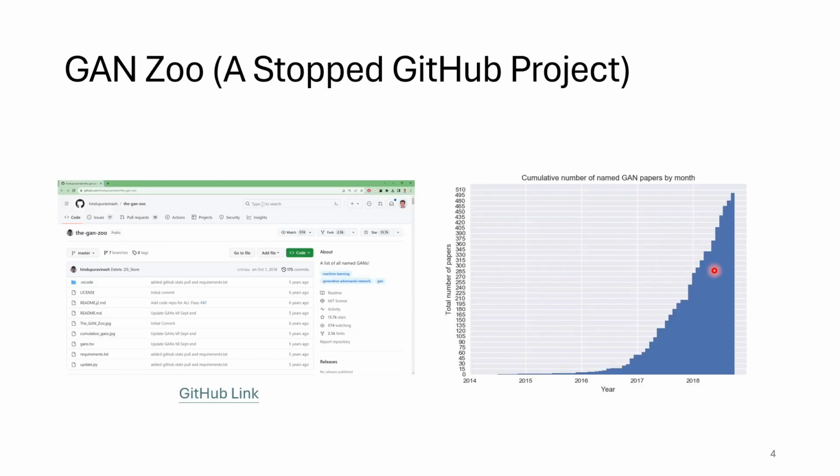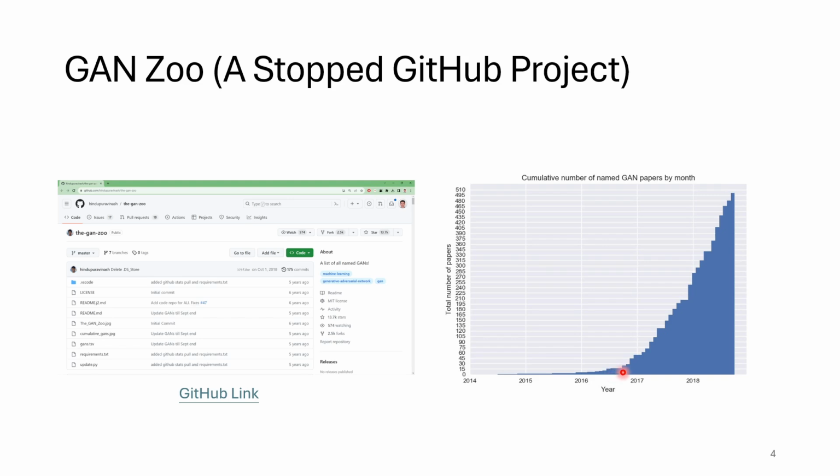Okay, so let's talk slightly about the development history of GAN. In the beginning, GAN was invented in 2016. In the beginning there were a few GAN papers, and soon it got attention very, very quickly.